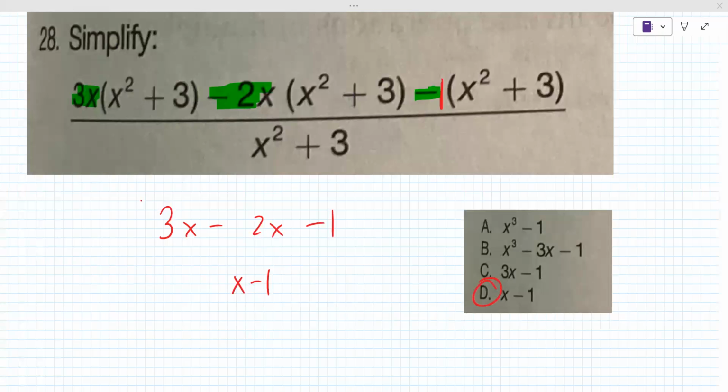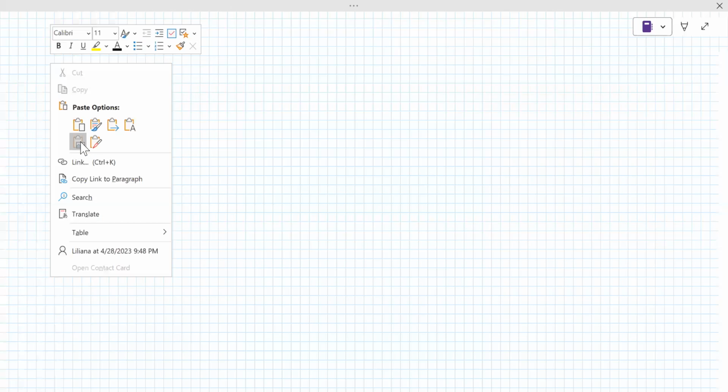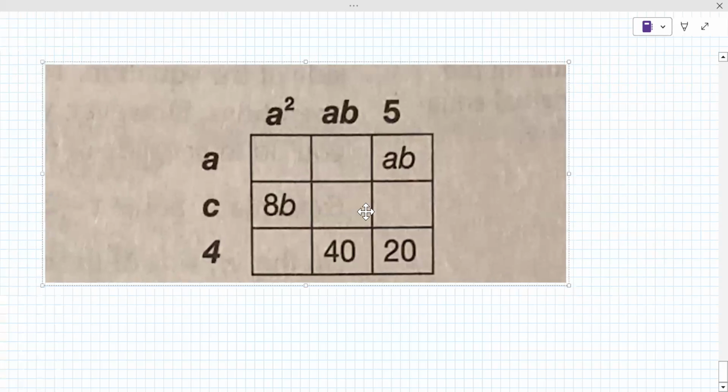All right. So let's see if we can quickly look at the square problem. We did this the other day. So here's the square. Are there any values here? Let's take a look and see if there's any values here.